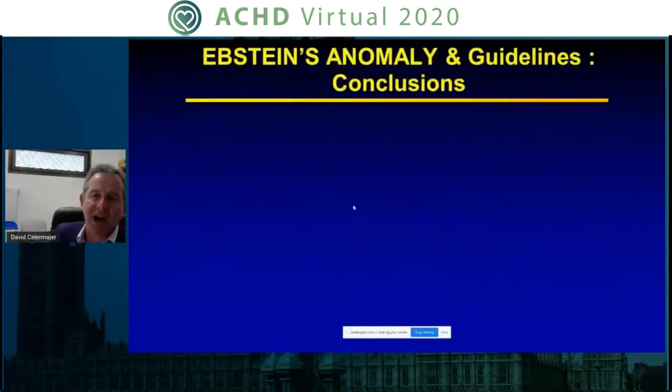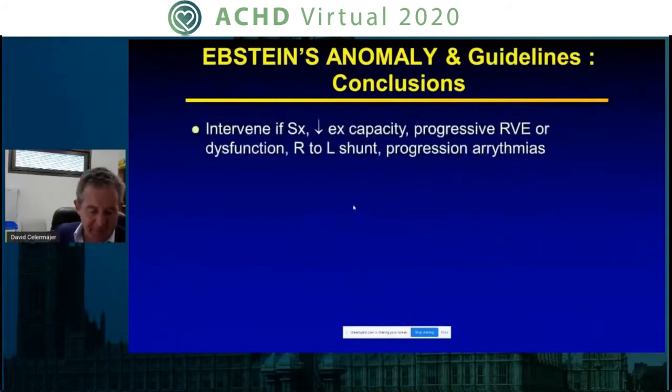Well, there are no guidelines yet, but this is what I think the state of play is in 2020, that with Ebstein's anomaly, in the appropriate expert hands where surgical results are good, and you have to make that decision in your own setting or refer onwards, one should intervene if there are symptoms, decreasing exercise capacity, progressive RV enlargement or dysfunction, an important right to left shunt, or progression of arrhythmias.